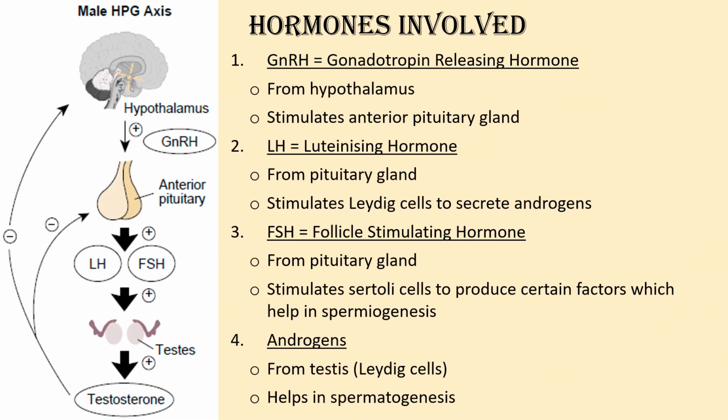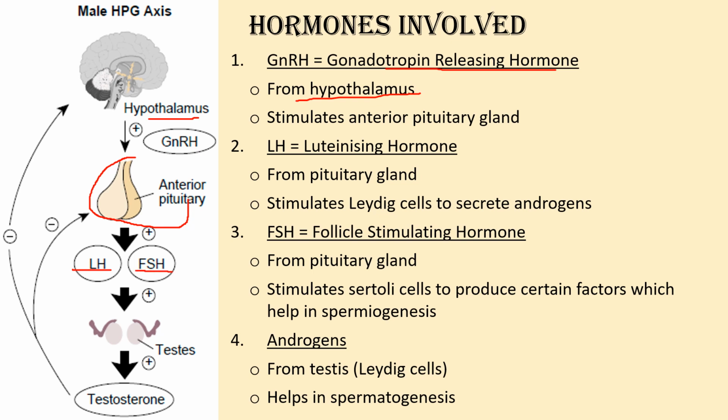Now, what are the hormones that are responsible for these processes? The first one is gonadotropin releasing hormone, abbreviated as GnRH, that is secreted from hypothalamus, and it stimulates the anterior pituitary gland for the secretion of two hormones, one of which is LH and then another one is FSH.